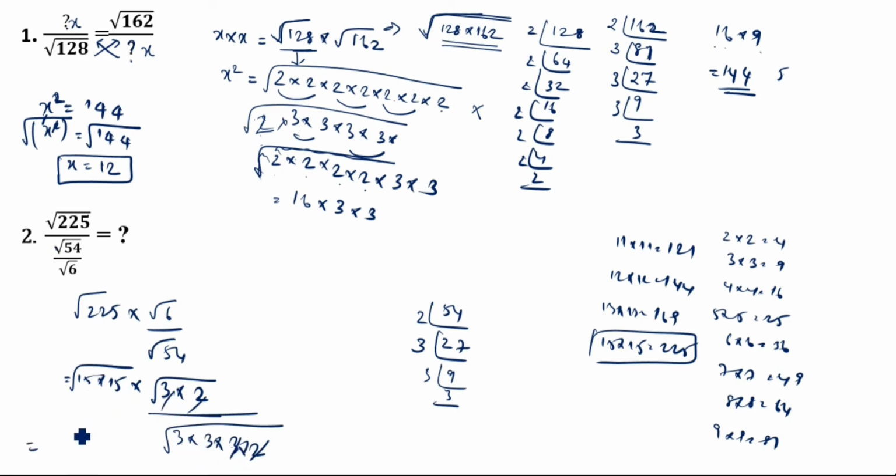So you take 15 outside, divided by 3 outside. So 5 3s are 15. So instead of the question mark, you have to take it as x. So equal to x, correct? So x is equal to 5 is the answer.